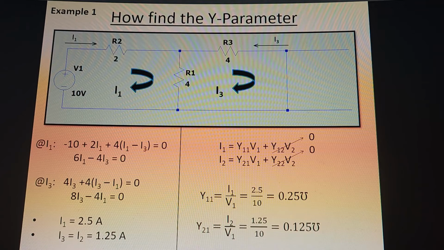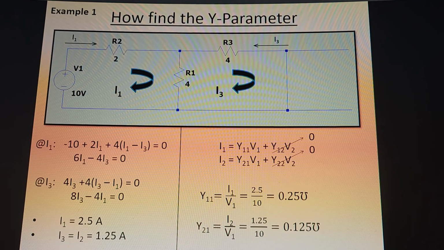The power source is entered from the negative terminal, resulting in negative addition. The 2 ohm resistor multiplied by I1 and the difference of I1 and I3 times the 4 ohm resistor. Same approach with I3. With these two equations calculated, I1 and I3 are found, and thus so are Y11 and Y21, being I1 over V1 and I2 over V1, shown here.